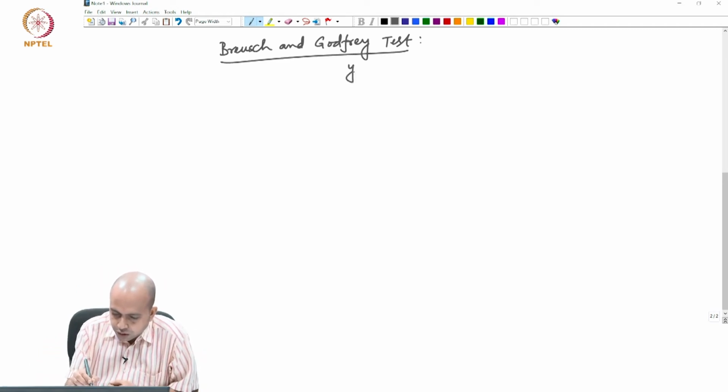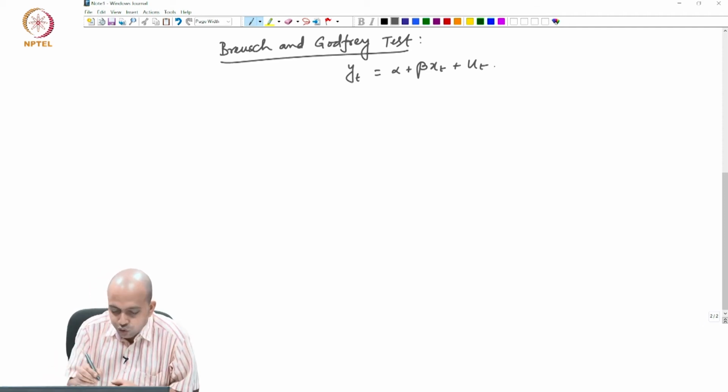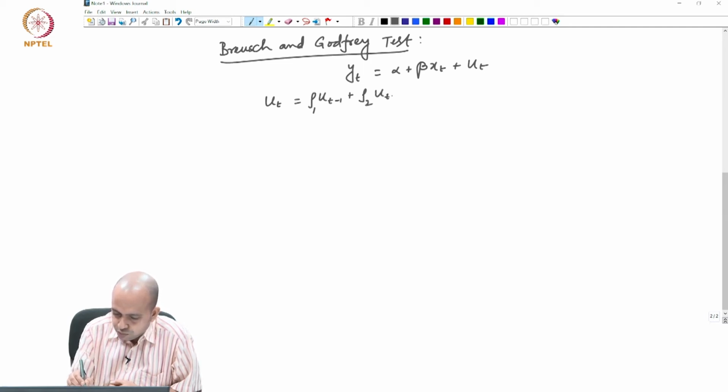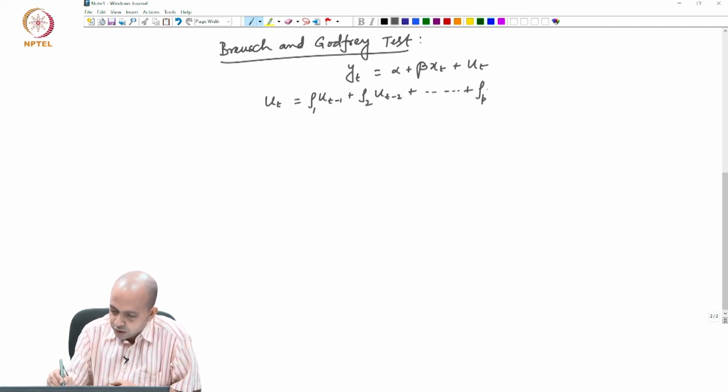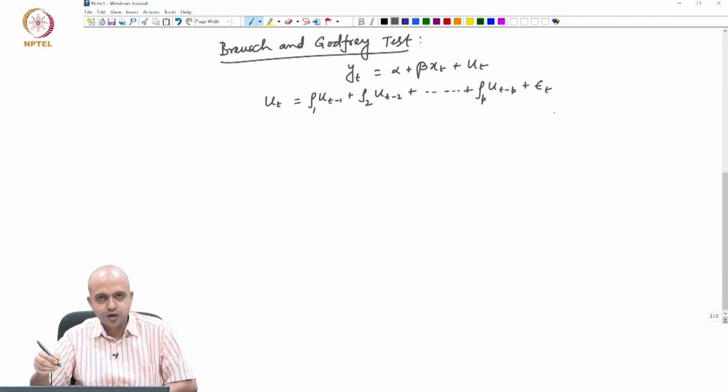Let us once again write our original model as y equals alpha plus beta xt plus ut, and the data generating process for the ut is now ut equals rho 1 ut minus 1 plus rho 2 ut minus 2 plus up to rho p ut minus p, plus epsilon t, and epsilon t follows all the assumptions of the classical regression model.